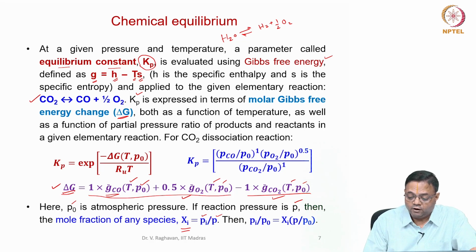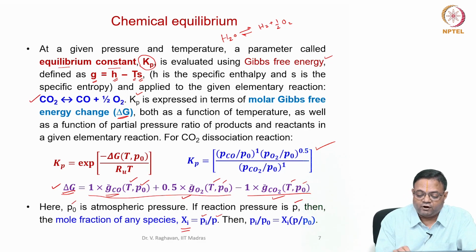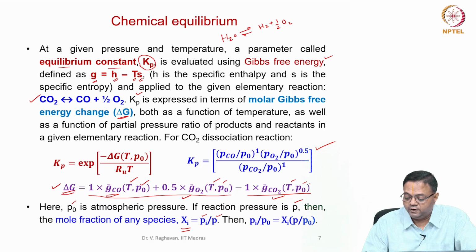Now, Kp can also be defined in this way. Please understand that first of all I have taken delta G calculated as the Gibbs free energy of the product minus the Gibbs free energy of the reactant.